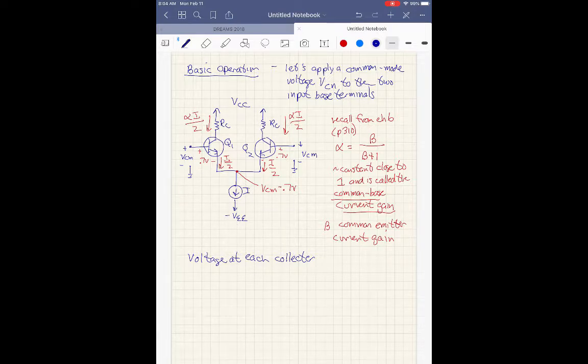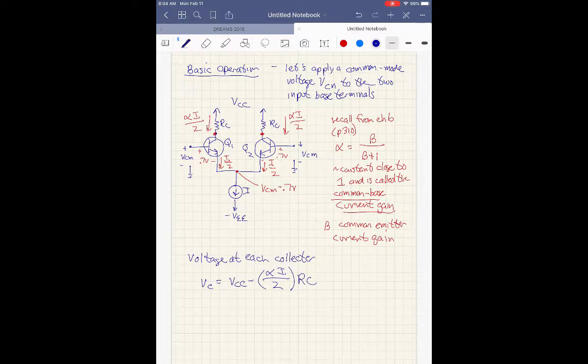I'm going to put a couple of red dots here. I should have made them red. So we get a red dot here, we get a red dot here. So the voltage at each collector, VC, is going to be VCC minus alpha I over 2 times RC.